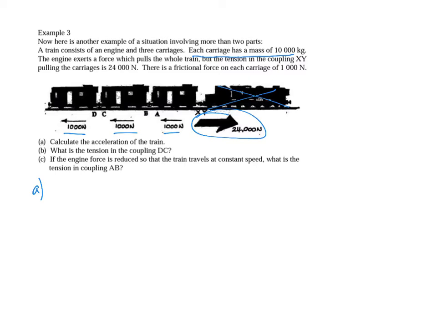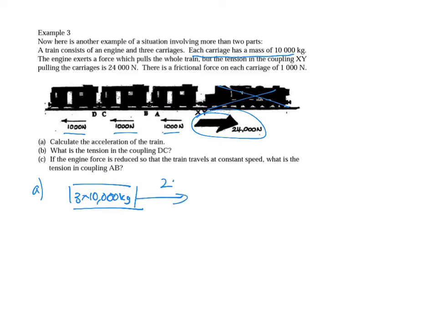So in this case, our whole system excludes the engine, but is actually our 3 carriages, so it's 3 times 10,000 kilograms. You don't need to write the mass on your sketch of the object. It's not meant to be a realistic sketch, but it's just trying to show the forces. But I quite often do write the mass in it.